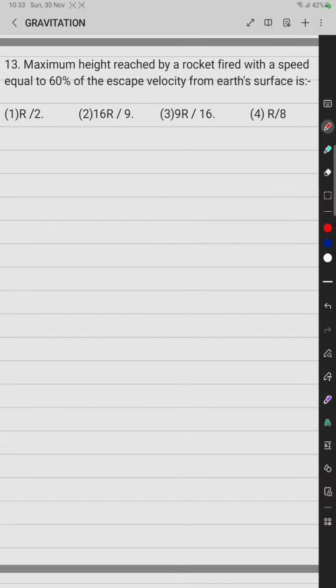In this question, we have to find the maximum height attained by the rocket with a speed of 60% of the escape velocity, which means the velocity of the rocket on the ground.